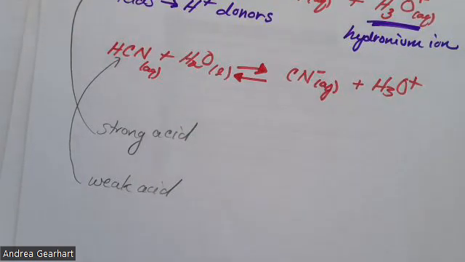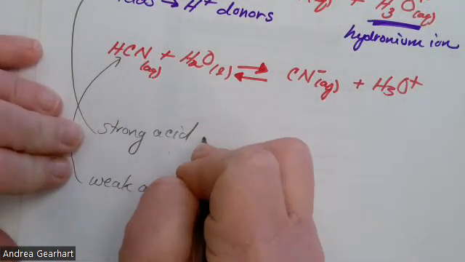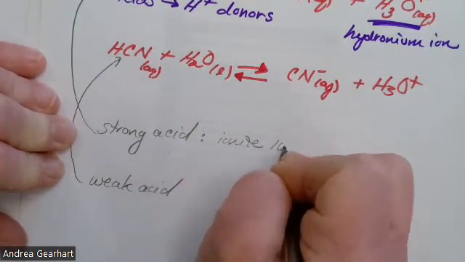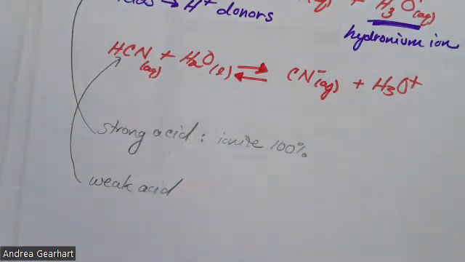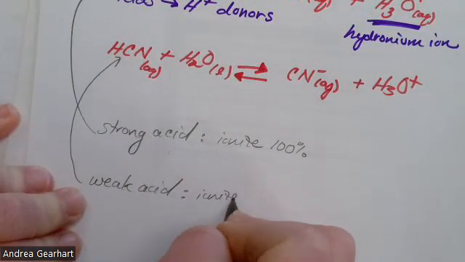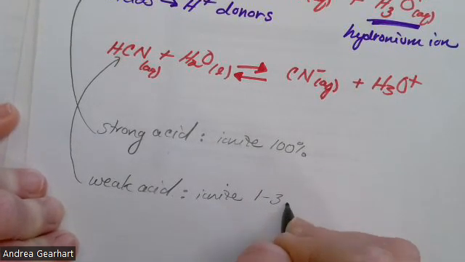There's no like, well, it's kind of acidic or it's medium. You're either strong or you're weak. No in between. Okay. Strong acids ionize 100%. Weak acids ionize 1 to 3%.